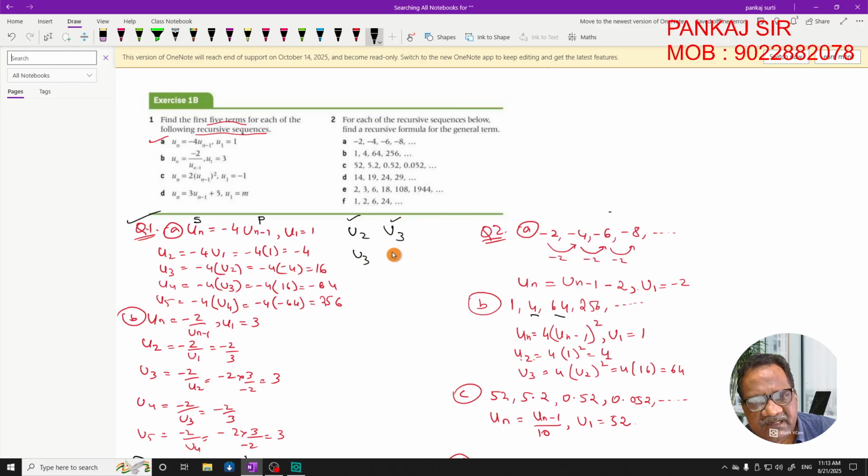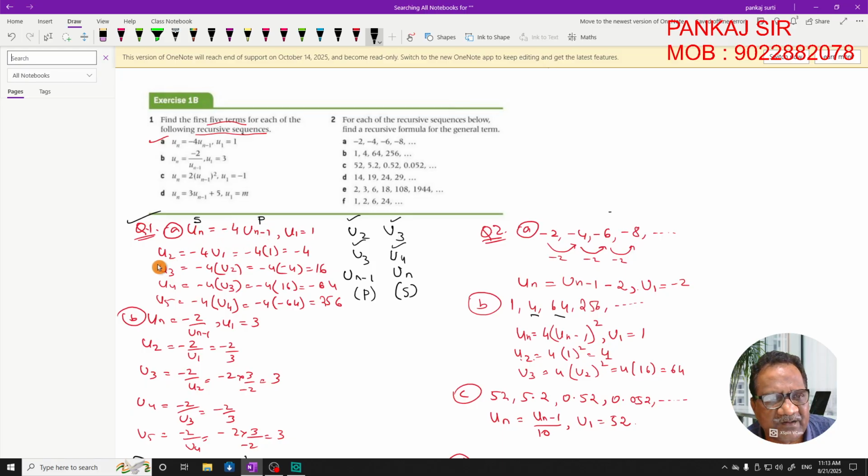Out of u3 and u4, the previous will be u3, the successive will be u4. In general, the previous is written as un minus 1, successive is written as un. Okay, so un is nothing but the successive term and un minus 1 the previous. Right? So it is given here un is equal to minus 4 times un minus 1.